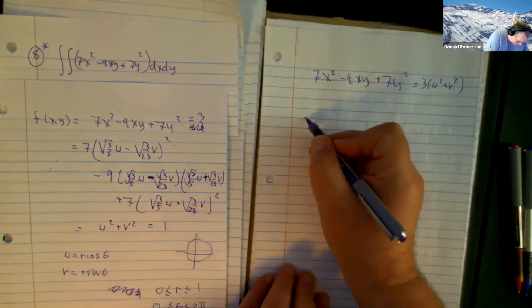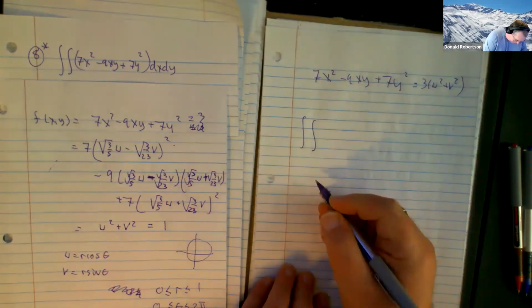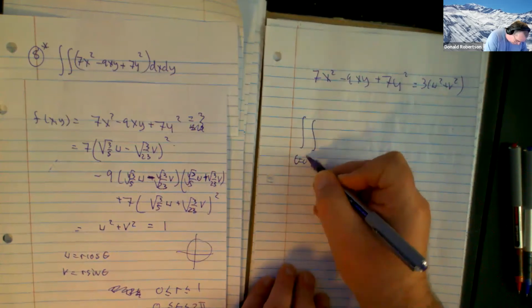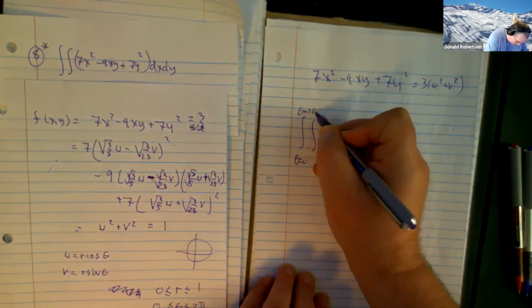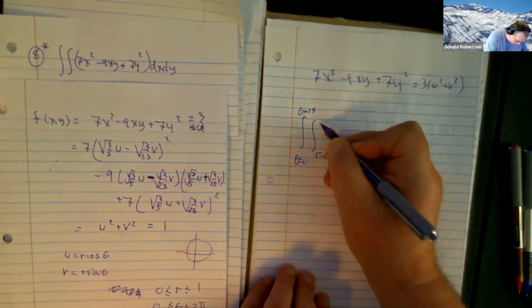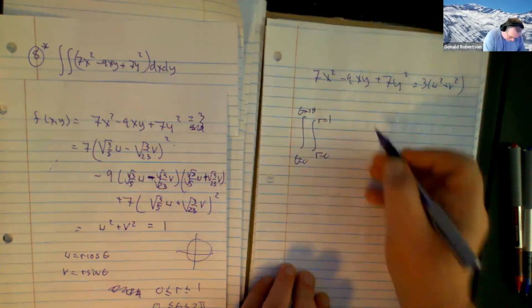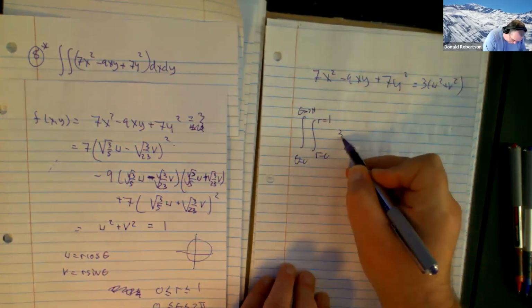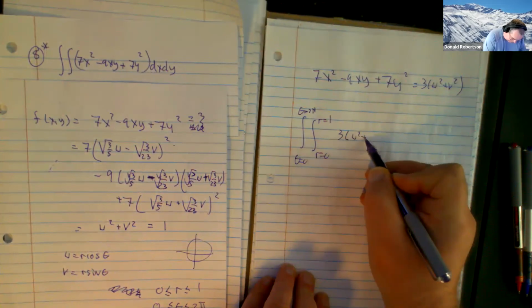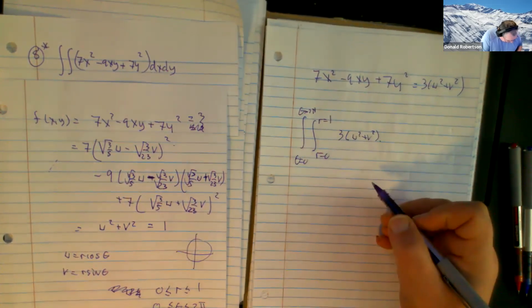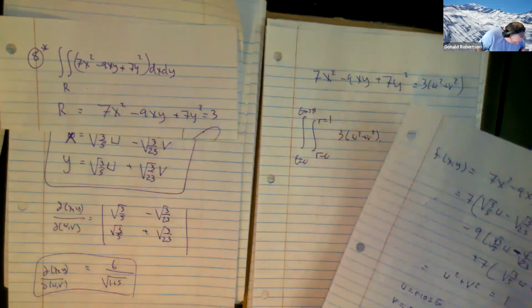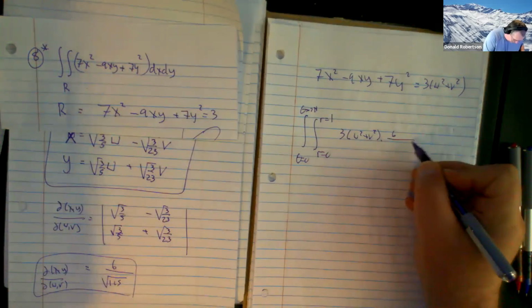So I've got all the pieces then. I have my double integral. Theta is 0 to 2 pi. R equals 0 to R equals 1. The function is this fella. The Jacobian was this fella.